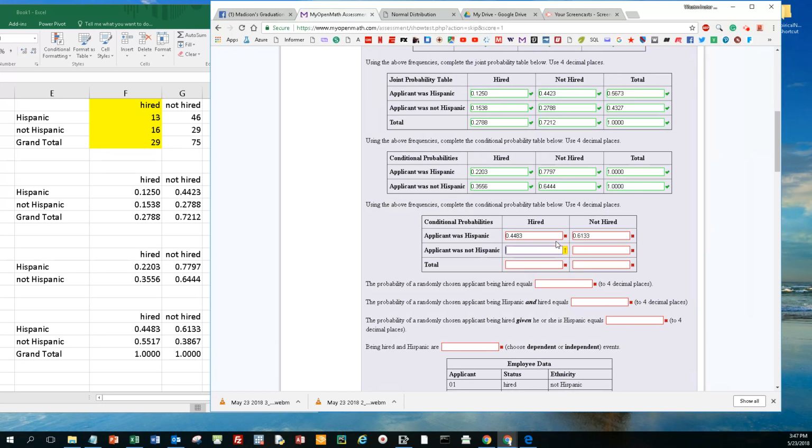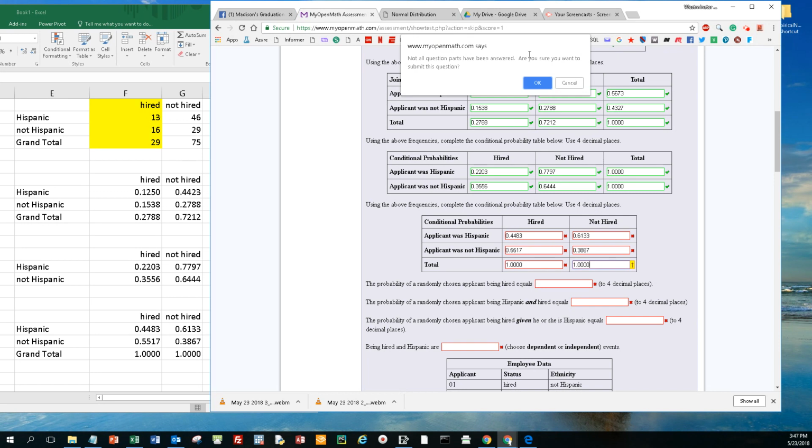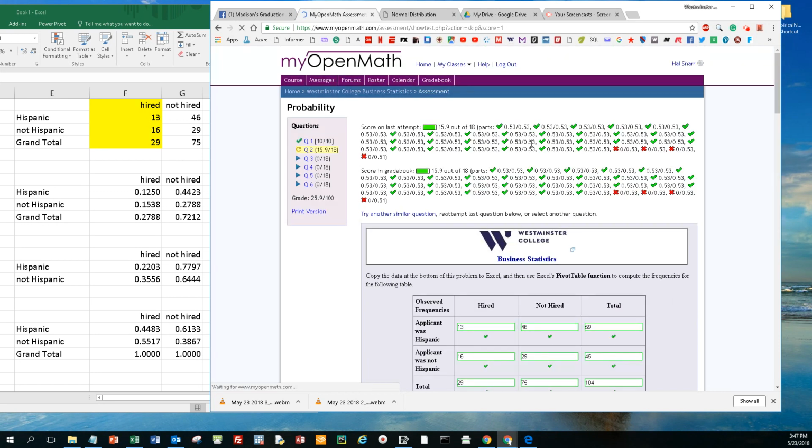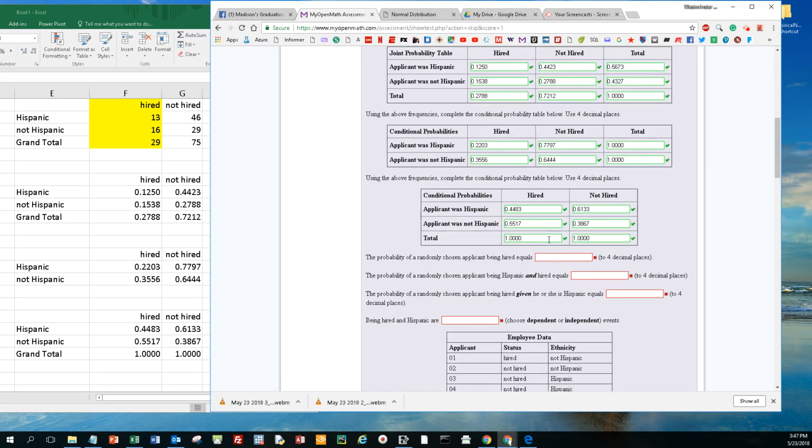The probability the applicant was not Hispanic given they are hired is 0.5517. The probability the applicant was not Hispanic given they're not hired is 0.3867. And then the sums are 1.000. And then we'll see if we got them right. And we got everything right.